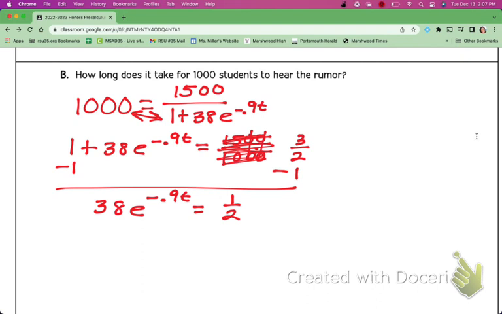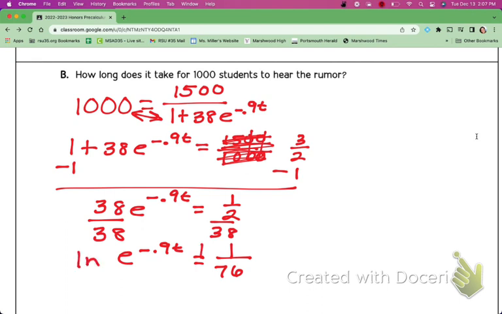What's your next move? Divide out 38. So e to the negative 0.9t is equal to 1 over 76. Natural log both sides. So then you get negative 0.9t is equal to whatever the natural log of that is.